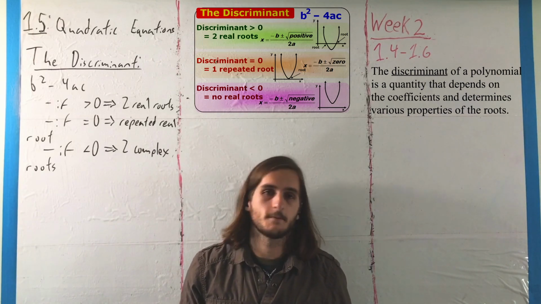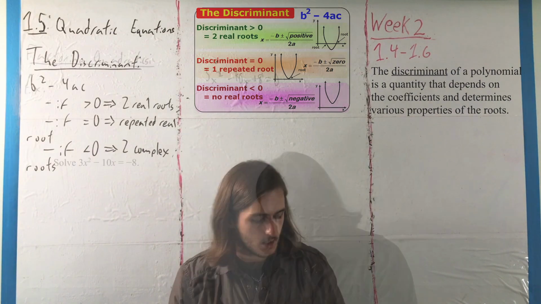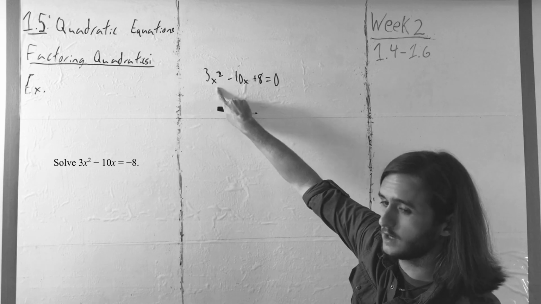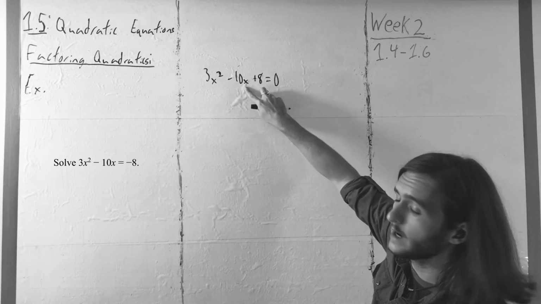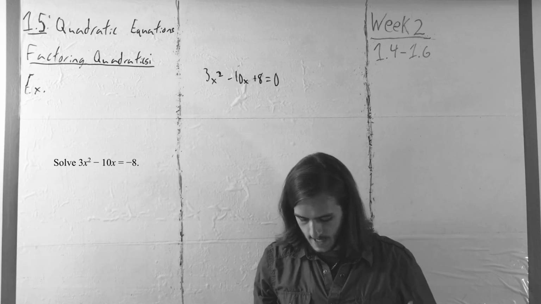So, for a quick example of this kind of mathematical discrimination, we can think back to one of those problems we did earlier, in that first example we had, where b was negative 10, a was 3, and c was 8.